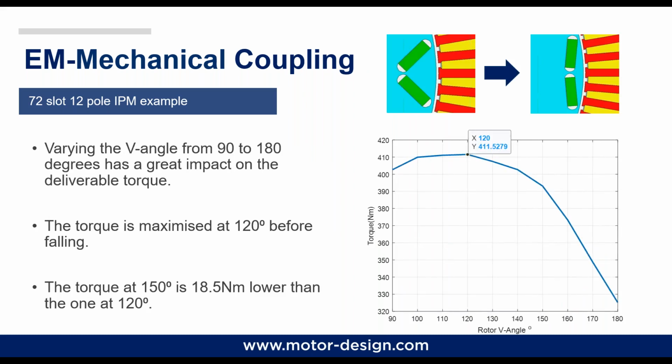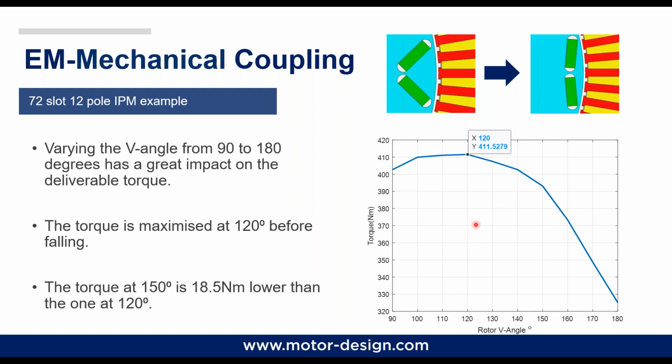When we vary the V angle from 90 degrees to 180 degrees, the first thing that we notice is an impact on the maximum deliverable torque of the machine. On top here, we can see two of these cases, and in the graph, I'm plotting the torque against the rotor V angle. So we can see the torque variation versus the rotor V angle.